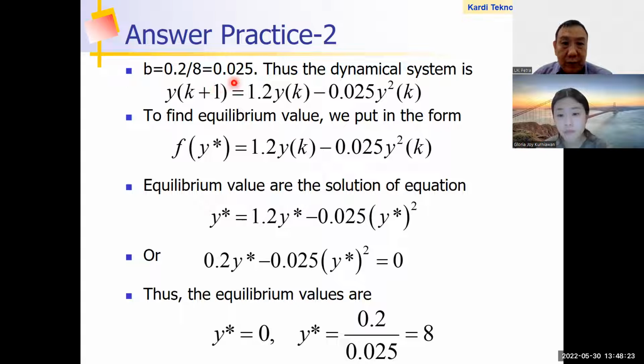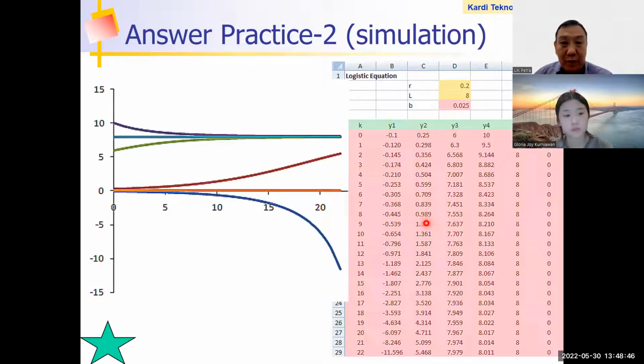If you want to find the equilibrium, you put into F of Y star, which is supposed to be equal to itself, correct? Then you solve this quadratic equation, you get Y star is 0 and Y star is L, of course. And from there you can plot it. This is the one that you plotted a while ago.